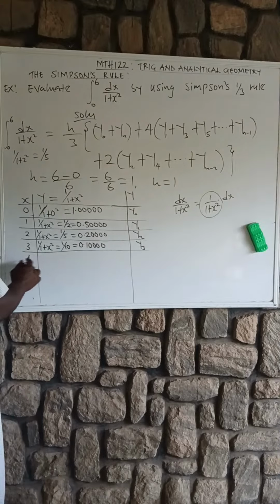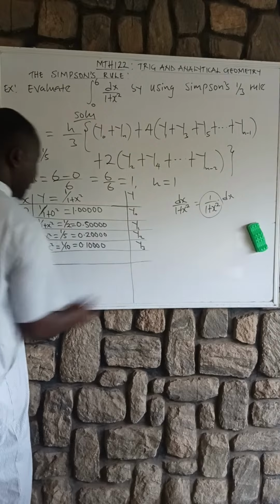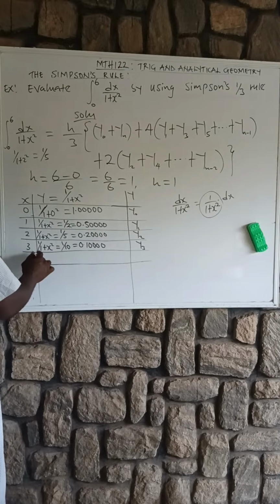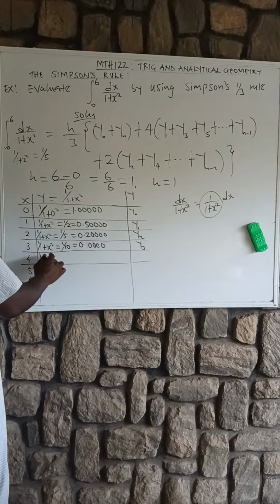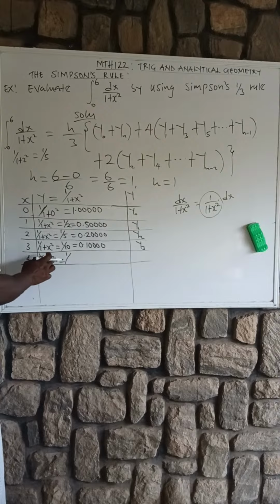Then 4, the same thing is applicable. 1 all over 1 plus x squared. If you substitute in 4, there will be 16, and 16 plus 1 is what?